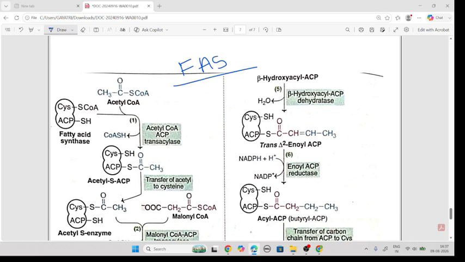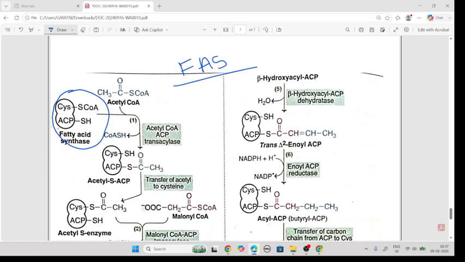So first, the molecule of acetyl CoA is there. This is the structure of your fatty acid synthase, FAS complex. One part is cysteine, and one part is ACP. ACP is nothing but acyl carrier protein. What happened in the first step?